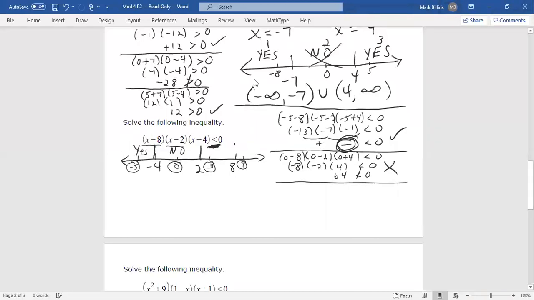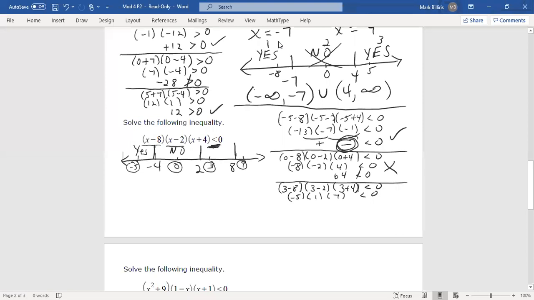And now I'm going to try a value between 2 and 8, 3. So when I plug in the 3, I'd get 3 minus 8, 3 minus 2, and 3 plus 4 to see if that's less than 0. So 3 minus 8 is negative 5, 3 minus 2 is 1, and 3 plus 4 is 7.